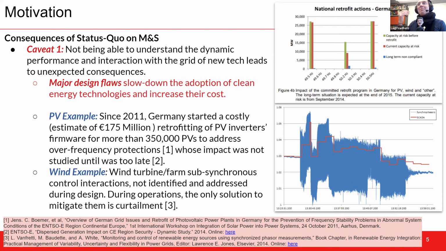So the impact was not studied for this case until it was too late. So you can imagine that it's not just a question of cost of retrofitting, but the logistical nightmare for 350,000 PVs to be properly retrofitted at the software level, on the firmware.